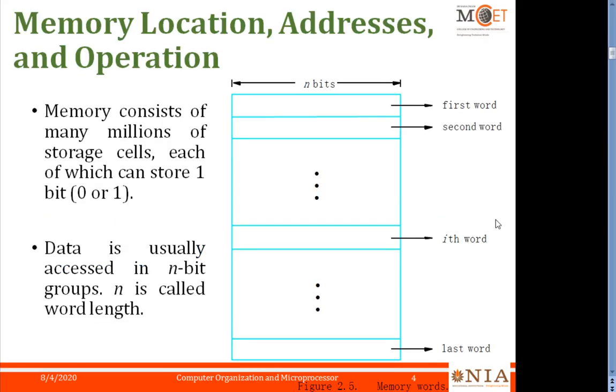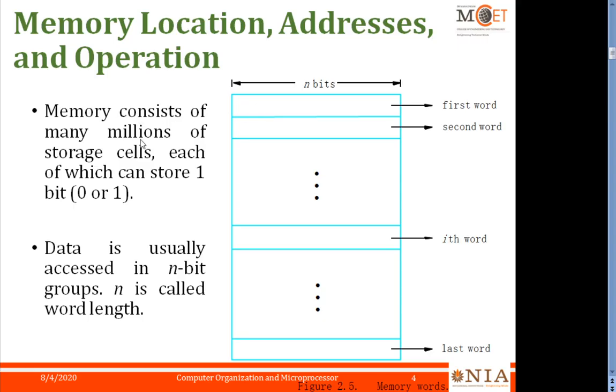First of all, we have learned that memory is one of our functional units of computer system. The memory is mainly used for storing data or instructions. In order to store the data or instruction, we need locations.